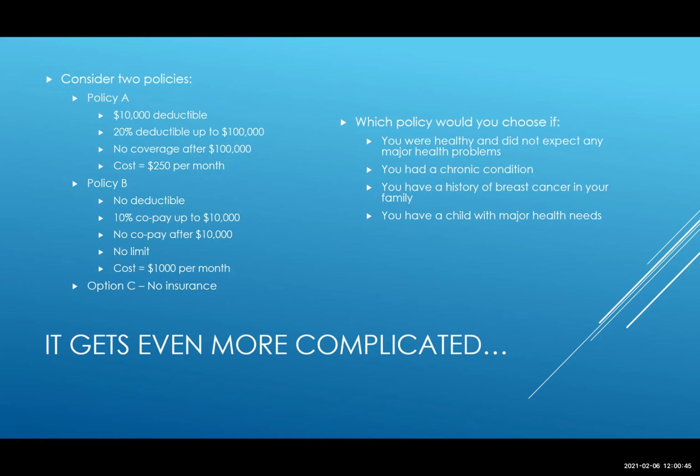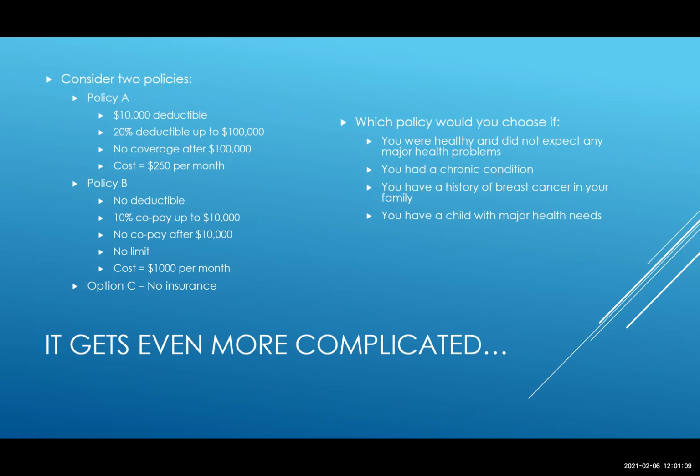Policy B, no deductible. It's only a 10% copay up to $10,000, no copay after $10,000. There's no limit, so it continues on. But the cost is then $1,000 per month. Option C is you just go without insurance.